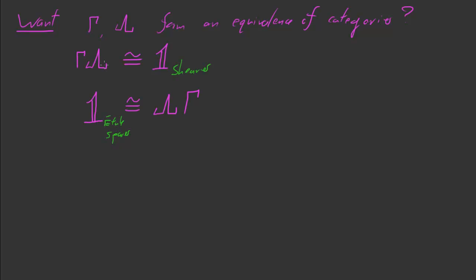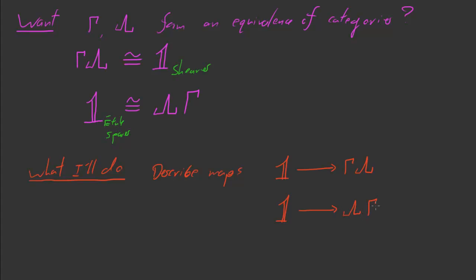So what I'm going to do is describe what the maps are. I'll describe a map from the identity to gamma of lambda, and I'll describe a map from the other identity to lambda of gamma.